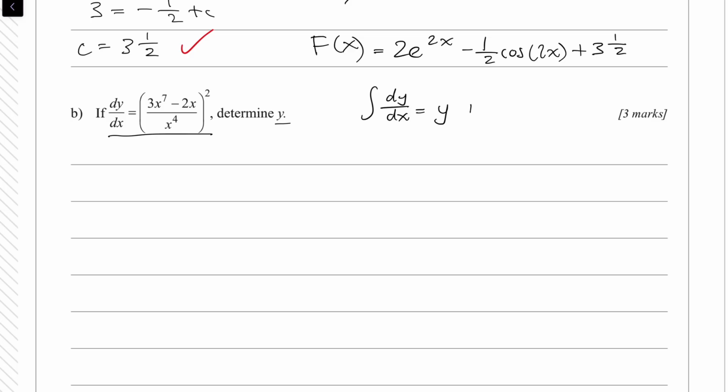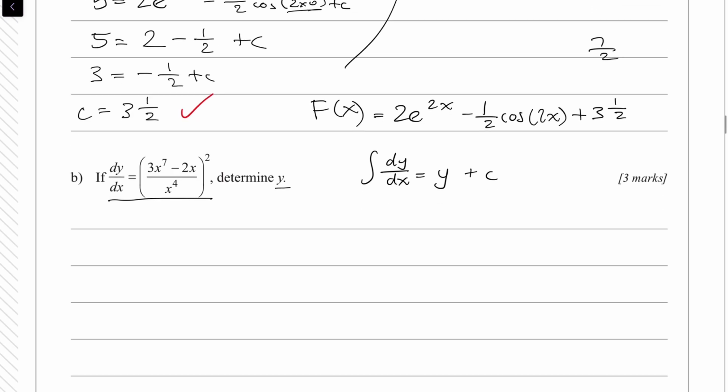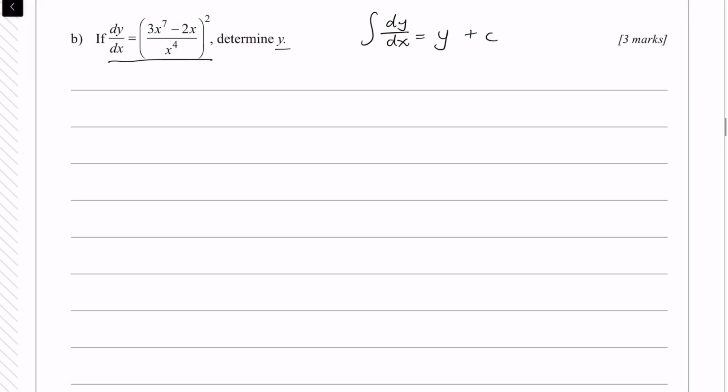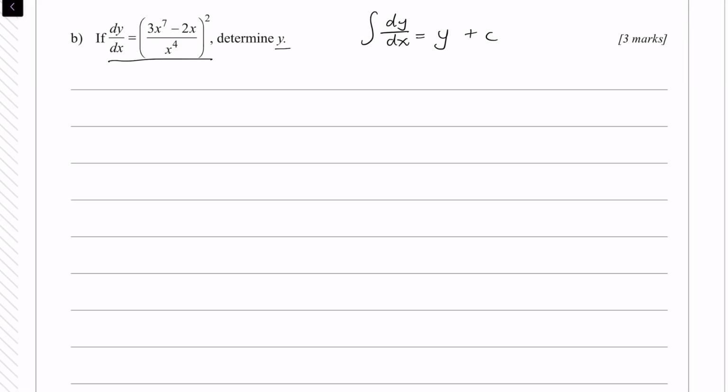And we need to remember we have a plus c as well, because we don't have any values that are known in this question, and so we need to always remember our plus c. Okay, so I'm always going to make a good note of that and make sure that's really clear there.